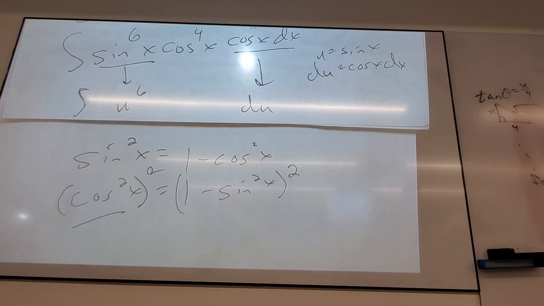So I have two levels of identity to worry about. If I only have an even power on my sine and cosine, I have to use the power reduction formula, one half of 1 minus cosine 2 theta or one half of 1 plus cosine 2 theta. If the issue is that the piece I have is not matching with my u, then I have to use the Pythagorean identity.